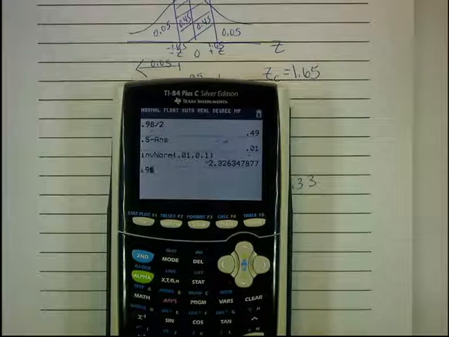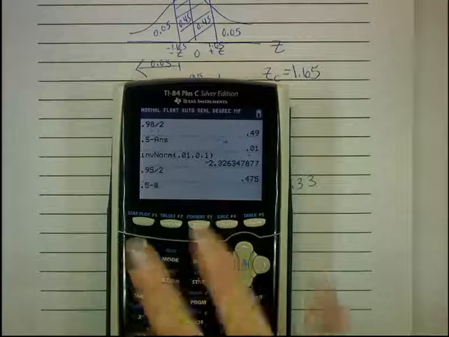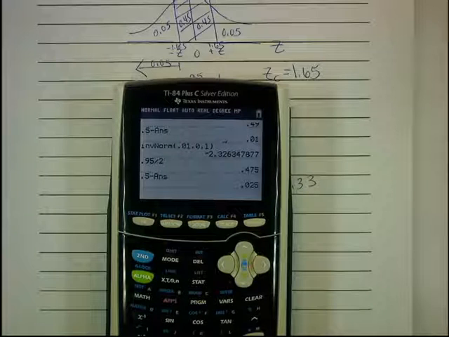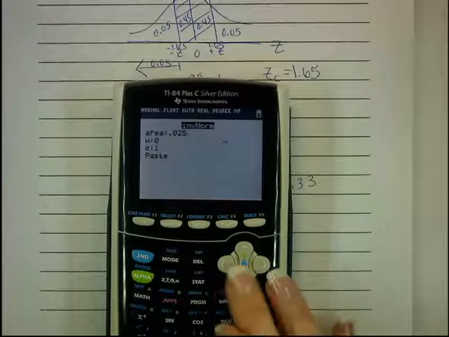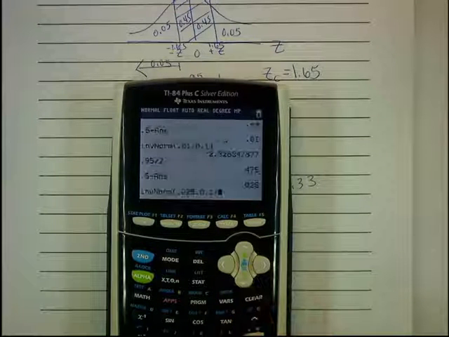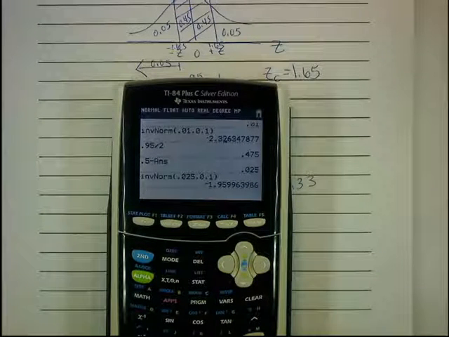With the 95%, 0.5 minus that, the area you look up is 0.025. So invert norm, 0.025. And paste. So negative 1.96, therefore the positive z-score is a positive 1.96.